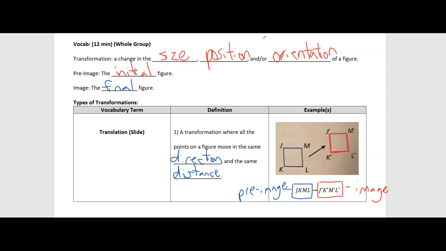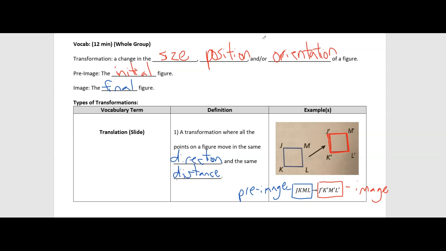After we move the quadrilateral, that's a new figure, so we don't want to name it with the exact same vertices or points as our old figure, because it's in a different location.